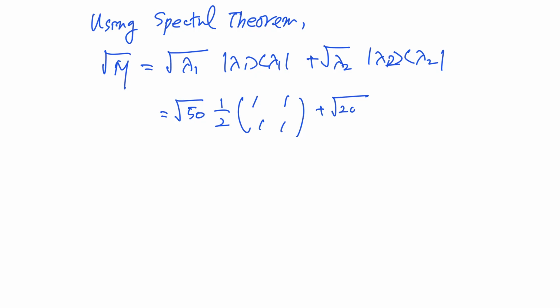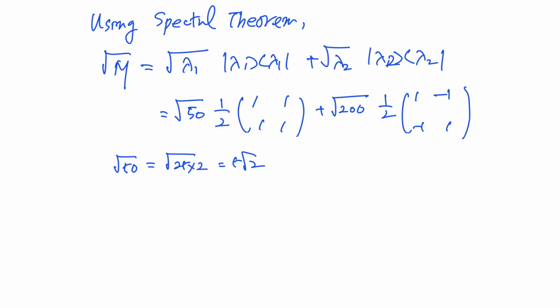Square root of 200, 1/2. This is 1 minus 1, minus 1, 1. Square root of 50 is what? 25 times 2, so 5 square root of 2, right? How about square root of 200?